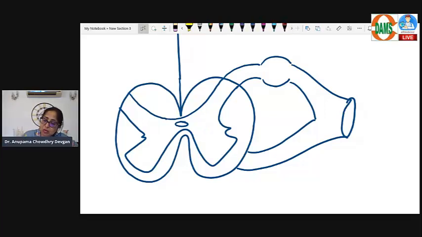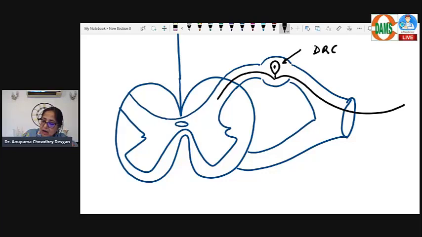Now, the first order sensory neuron. If you remember, I've discussed that the first order sensory neuron is the dorsal root ganglion cell, the DRG cell.